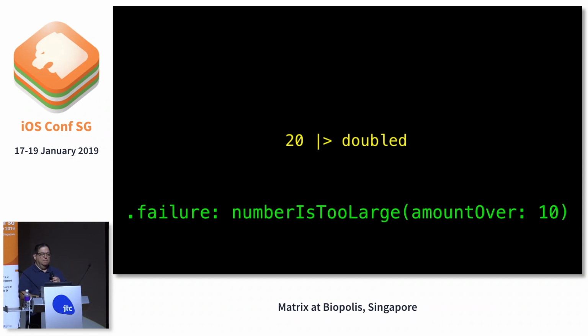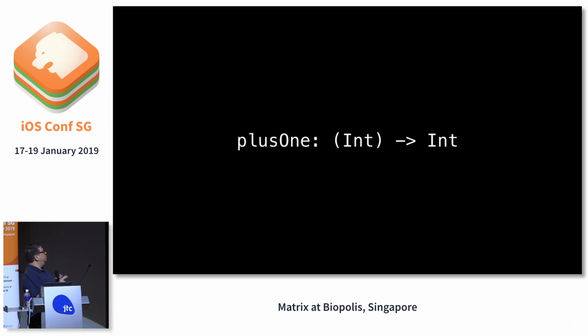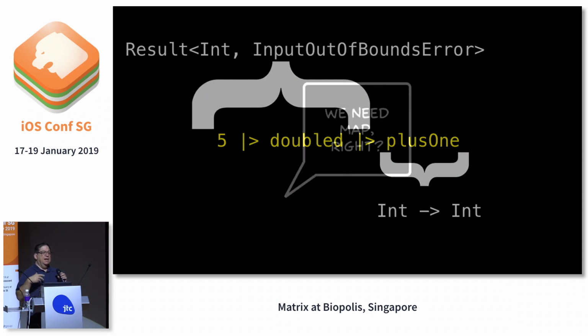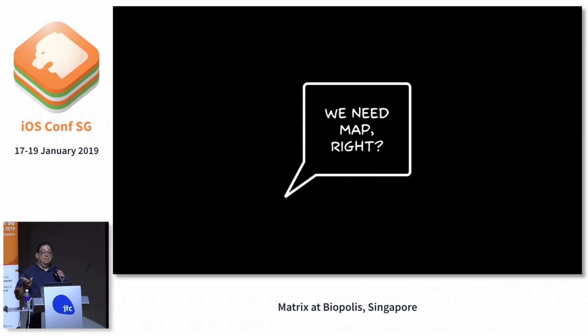And now I try to push that result into my +1. And I've got that same problem that the types don't match. I've got this result type coming out of doubled, and the +1 needs an int, and by now you say, well, then we need a map.